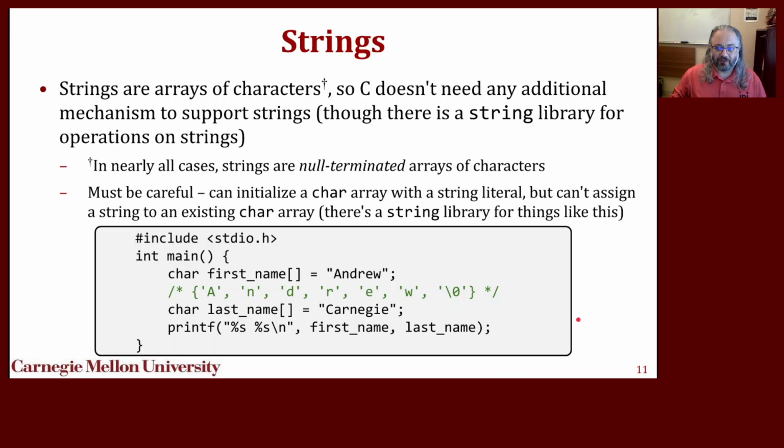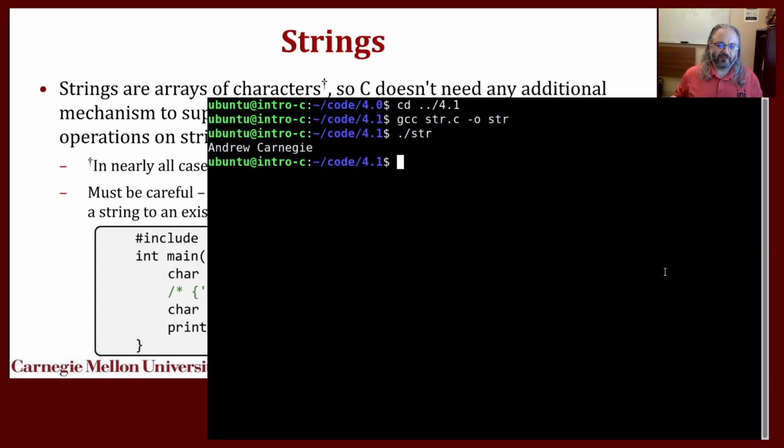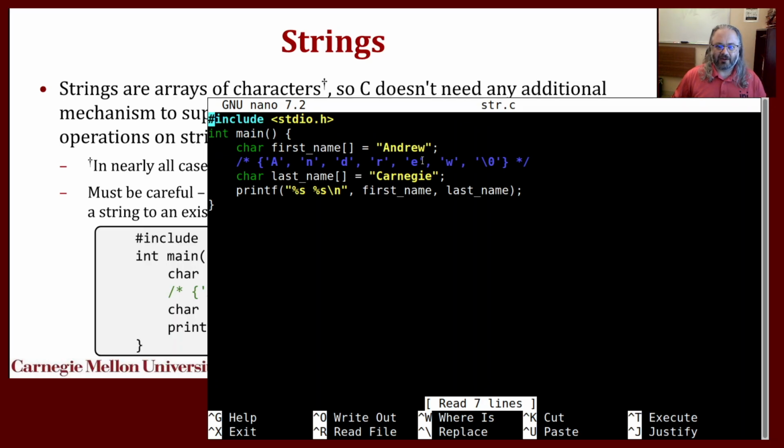If I actually were to go and run this code, let's see, if this is here, it prints for me. This is exactly that code, where it knows, because the null character is at the end, it knows where the string ends.